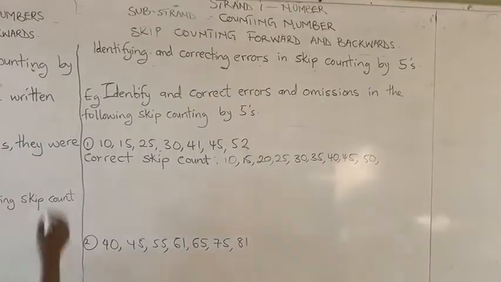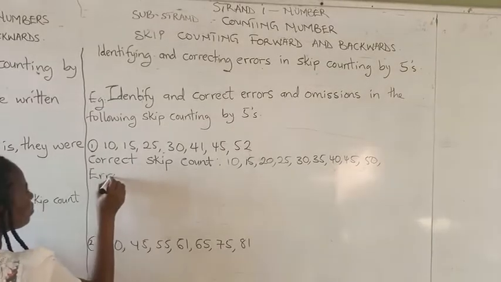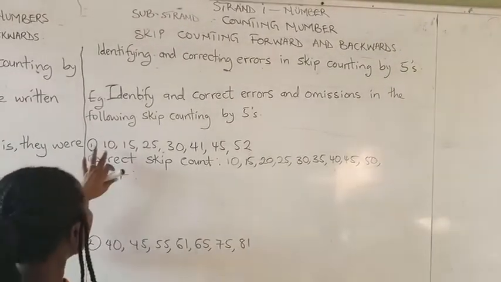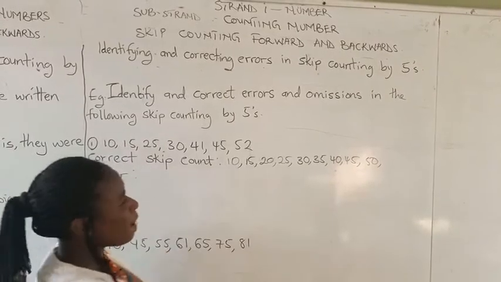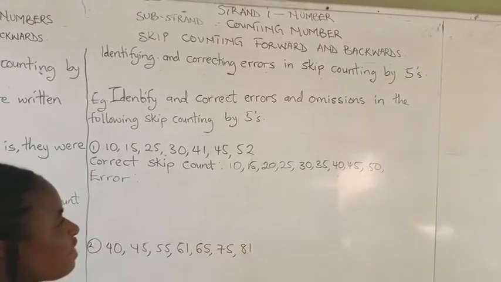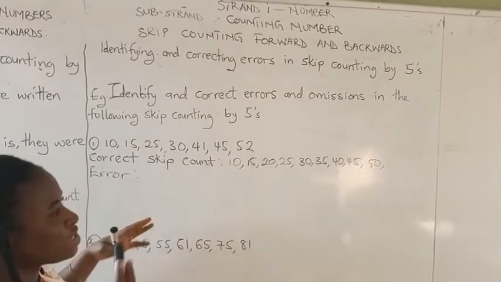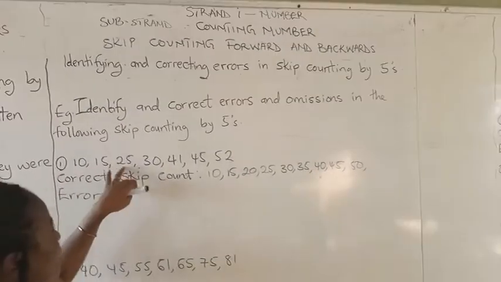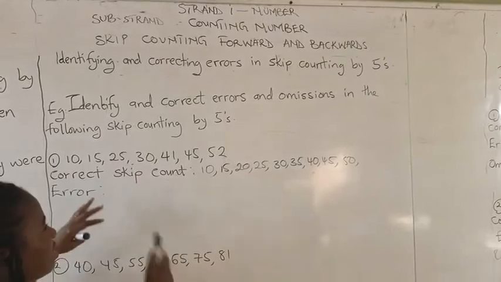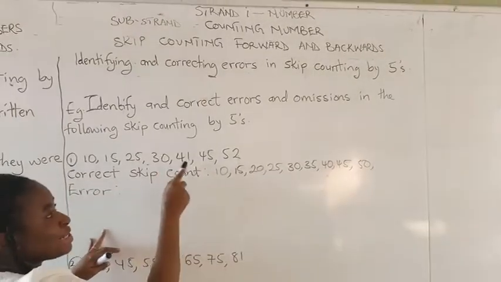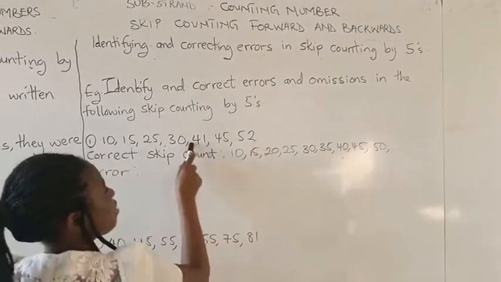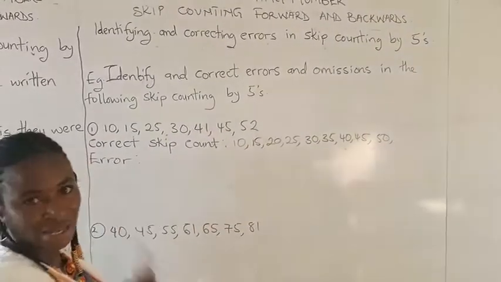So now let's see the error. Which numbers have been written wrongly? We have 10, 15. Remember, in skip counting in fives, it should either end with a 0 or with a 5. So 10, 15, 20, 25. So if you see any other number that has 1 or 2 or 3 by it, like 41 and 52, it means it is an error.